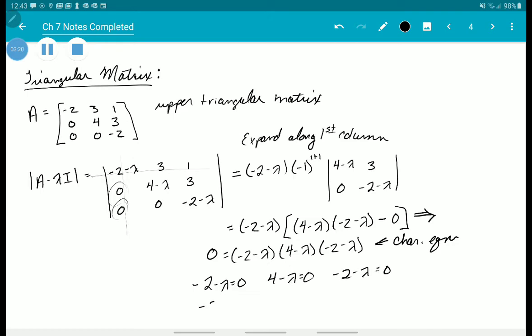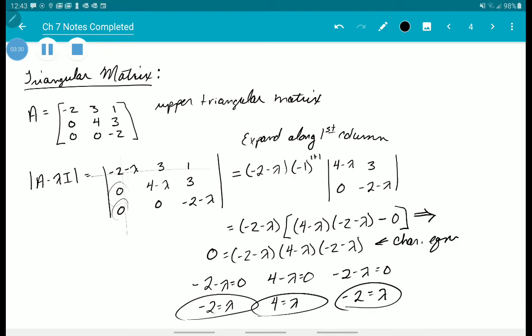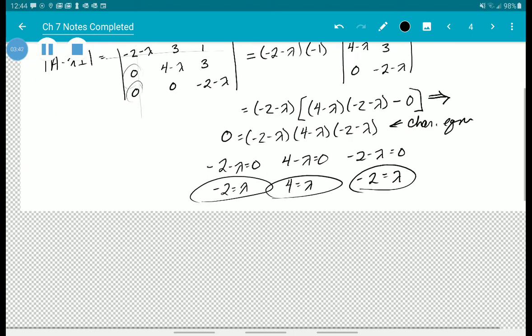So we would get negative 2 as lambda, 4 as lambda, and a negative 2 again as lambda. That negative 2 has a multiplicity of 2. And you can see those are the entries down that main diagonal. So triangular matrices are nice because those values for the eigenvalues would be those entries down the main diagonal.